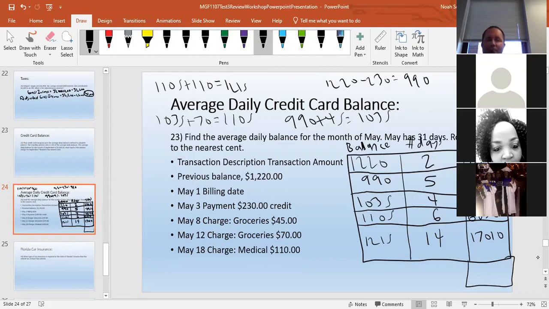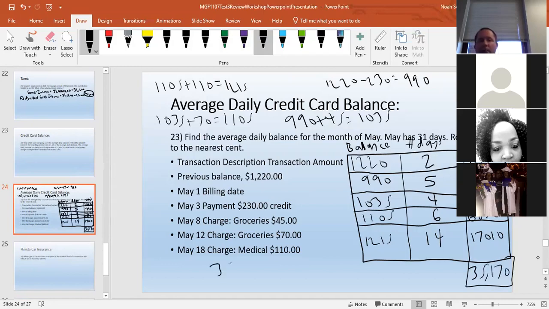Now we have to add all those numbers up, and that'll be our total that we then divide by 31, which is the number of days. So let's see what we get in that last column total. I actually got 35,170. That's the total that you get when you add up the last column.